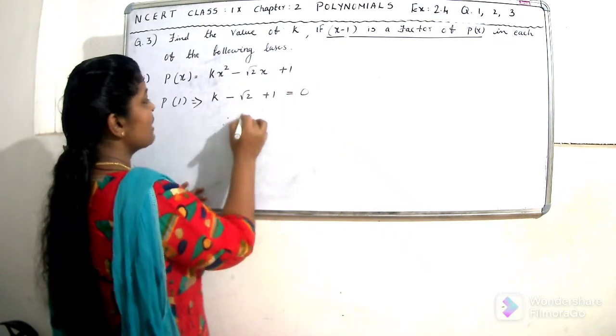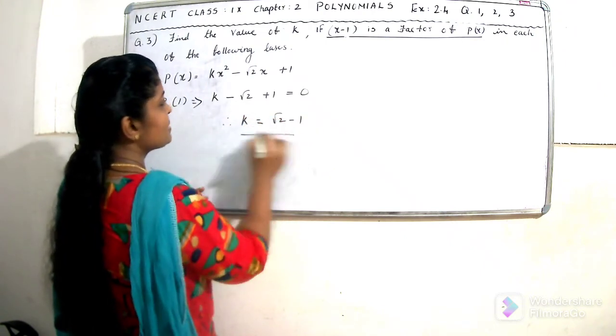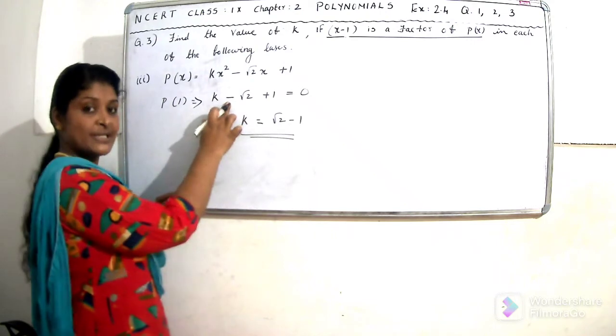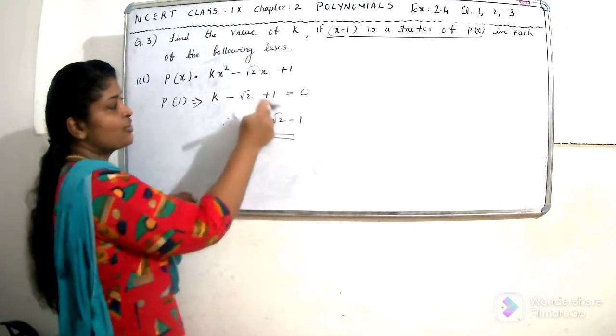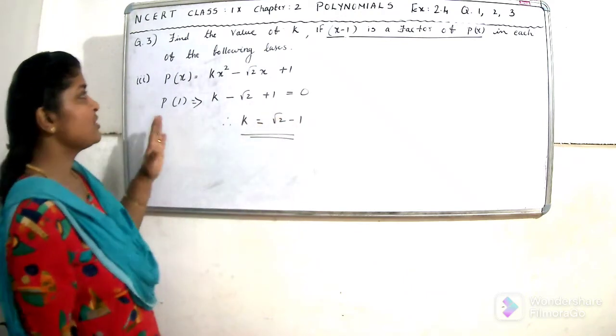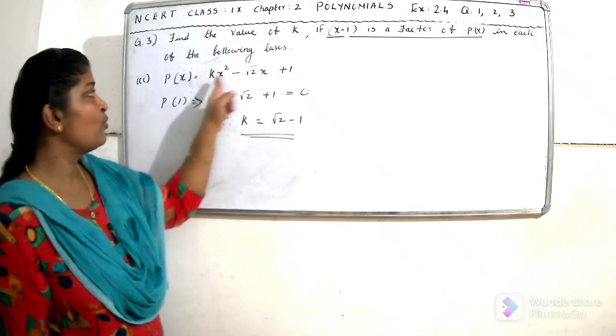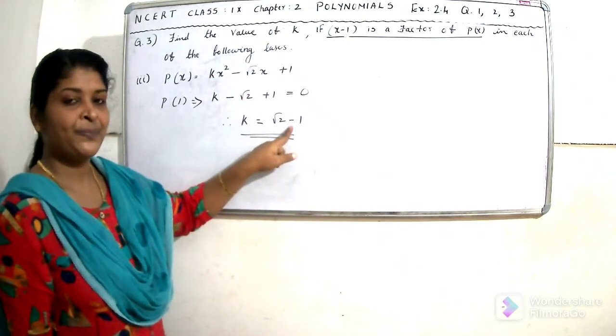So therefore k's value is equal to root 2 minus 1, because root 2 on the left hand side is negative, on the other side it is positive, and this 1 is positive here, on the other side it is negative. So what is the value of k in this polynomial? That is root 2 minus 1.